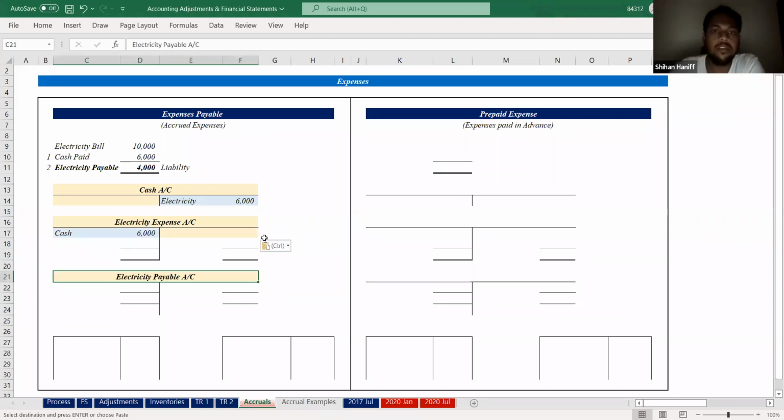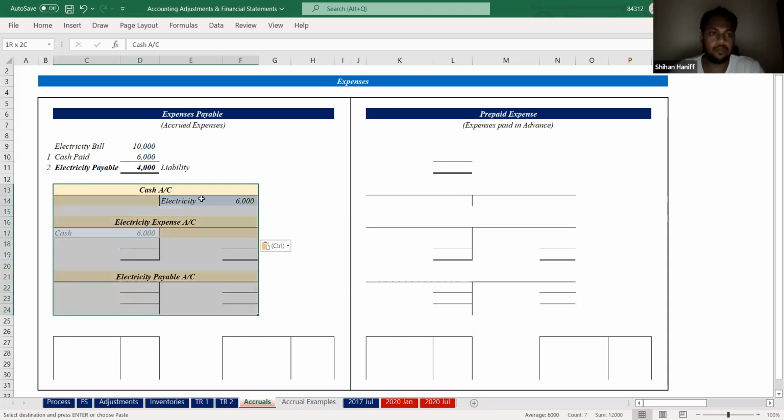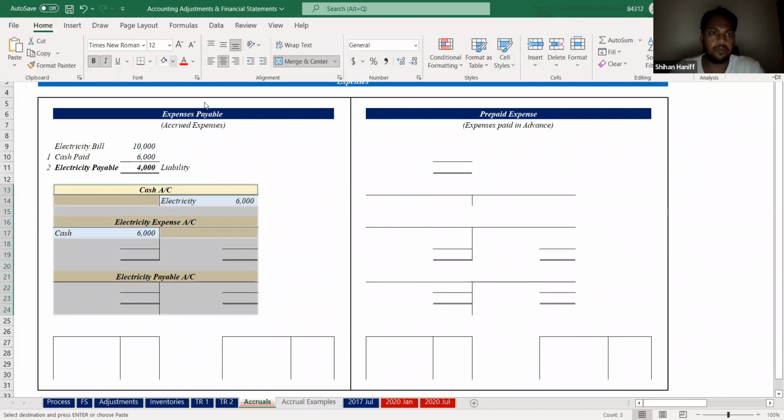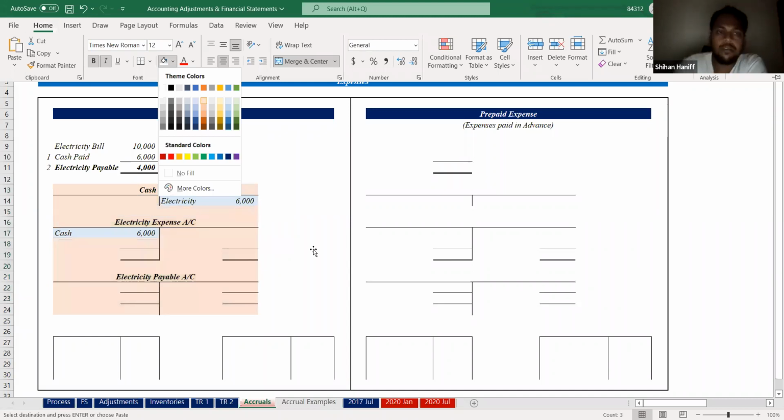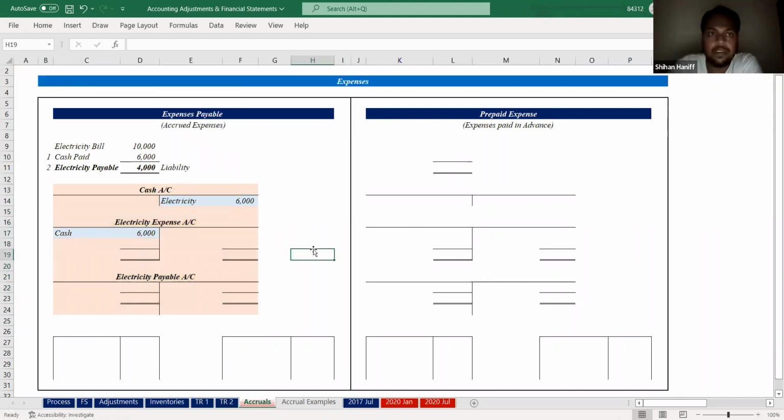That's the double entry for electricity payment.